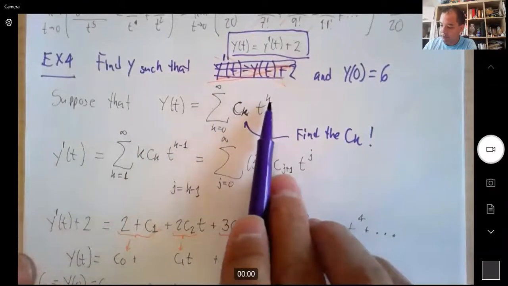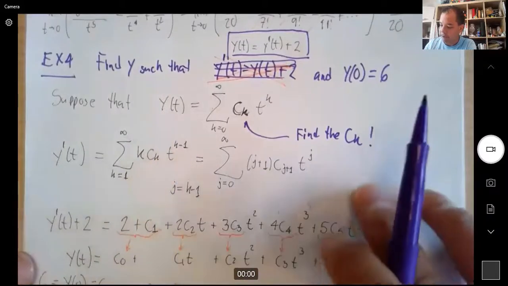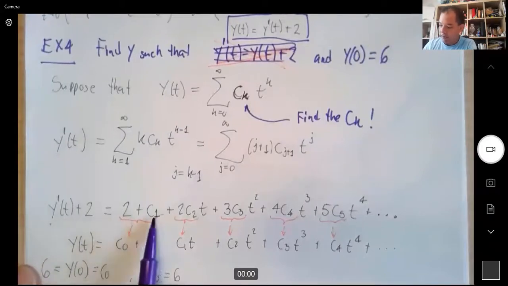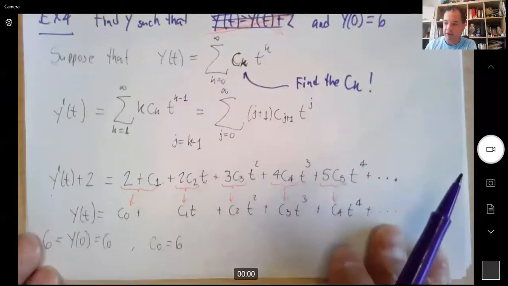So the k exponent comes down, multiplies the coefficient, and subtract 1 to the exponent. So here's the derivative when you add 2. So the derivative plus 2. So here's the 2, and then here's the derivative, right? It's c1, 2c2t, 3c3t squared, 4c4t cubed, 5c5t to the 4th, etc.